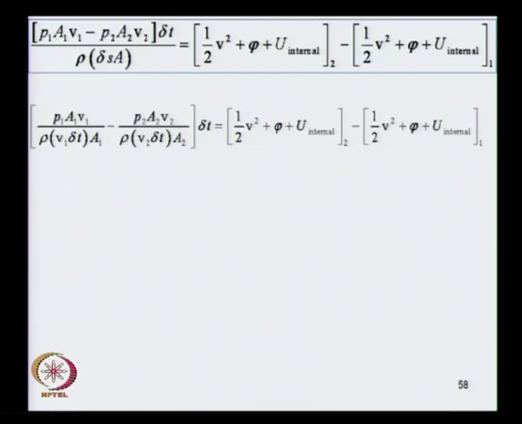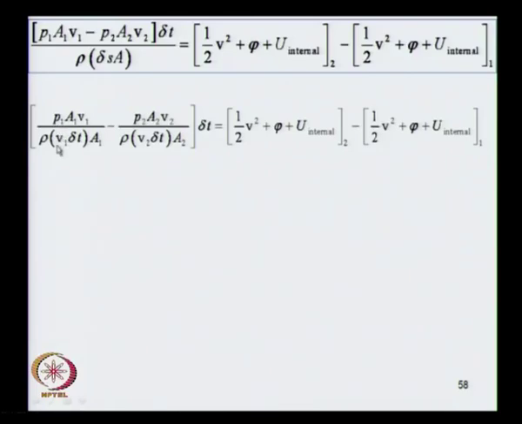And now you can cancel the common terms very easily. So, I have only separated these two terms now. So, I have got P1 A1 V1 times delta T divided by this rho V1 delta T. Delta S is nothing but the velocity times the time interval, right. This is the length delta S, that is the distance which is traversed, and that distance is velocity times the time interval.